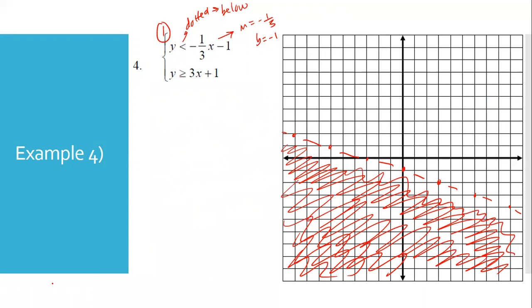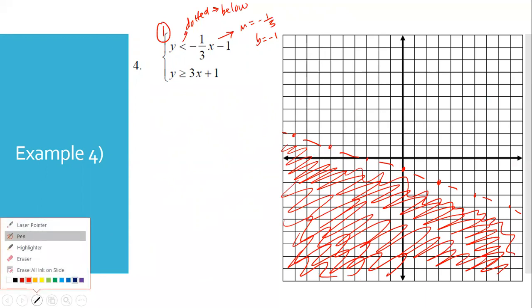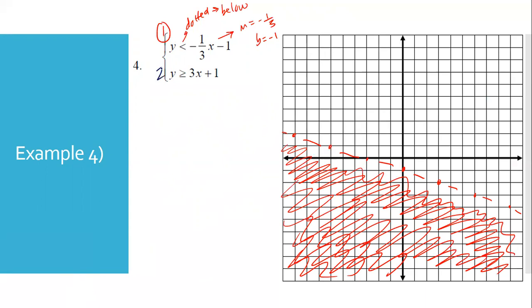Okay. And then the second one. We have y is greater than or equal to 3x plus 1. This lets us know that we're going to have a solid line. And it's going to be shaded above.